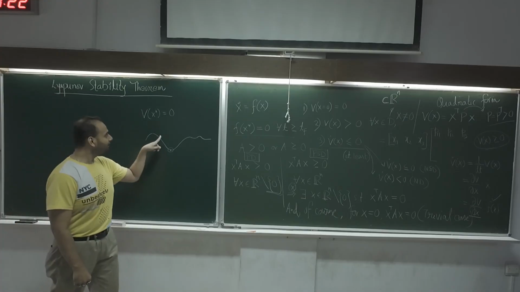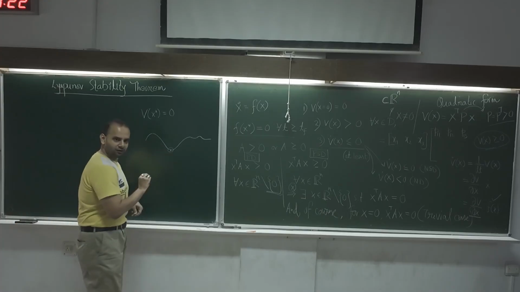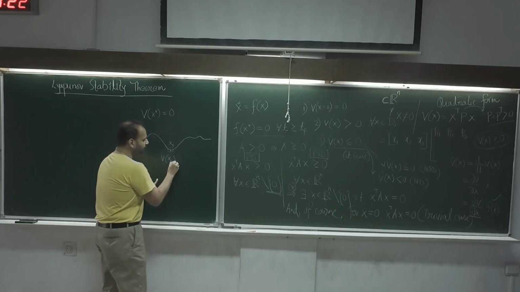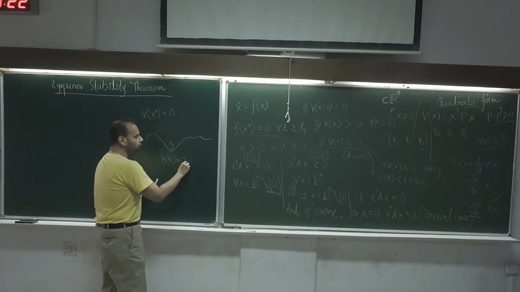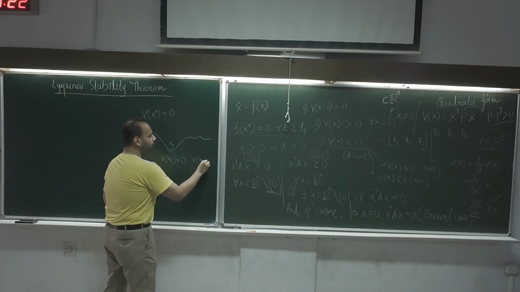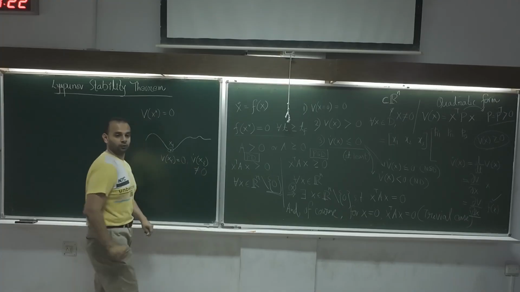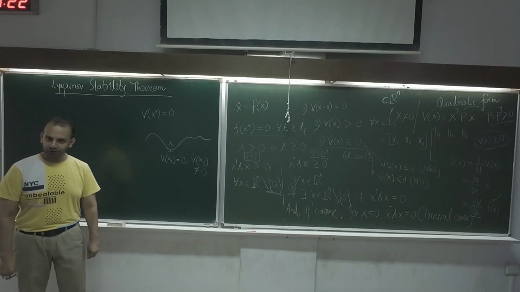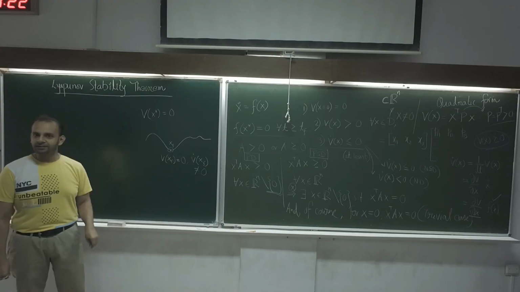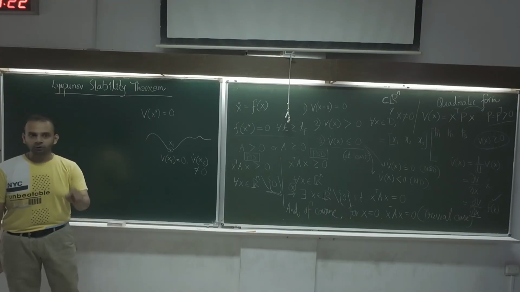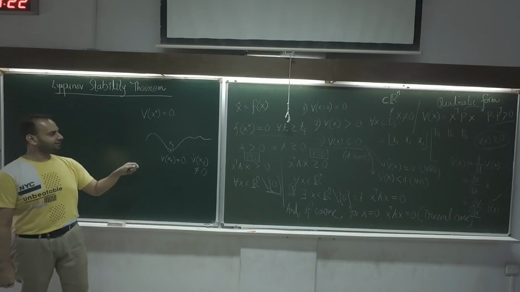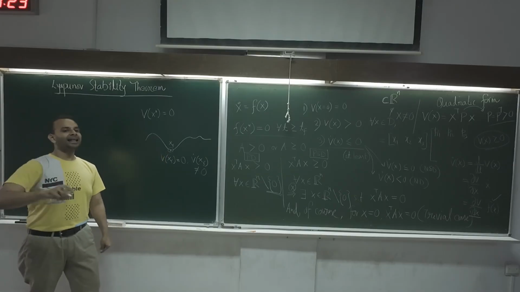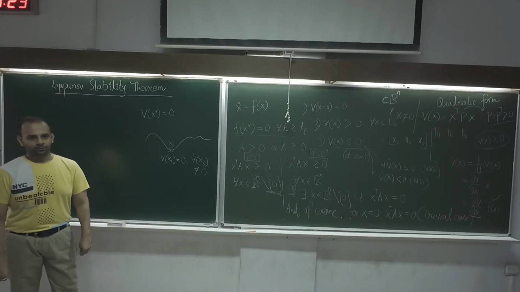For such a point, suppose this is xf, you will find that V of xf equals 0, but V dot of xf is not equal to 0. Such a situation can also arise especially if it is a local minima. Local minima means for some time somehow the system will reach that point, will stay there for some time, and then it will move away. So basically like a saddle point.